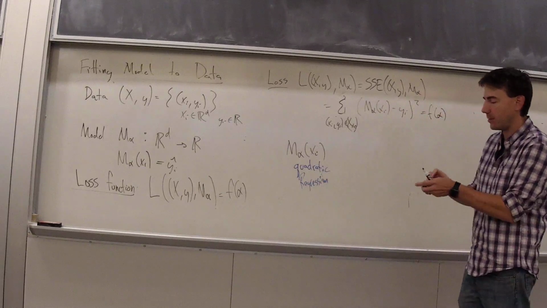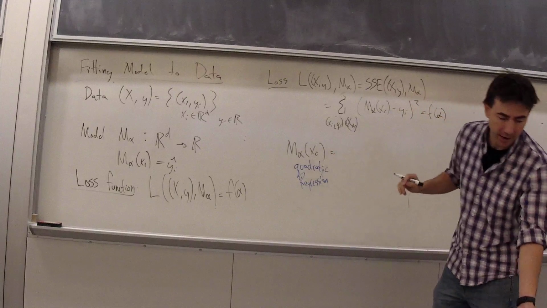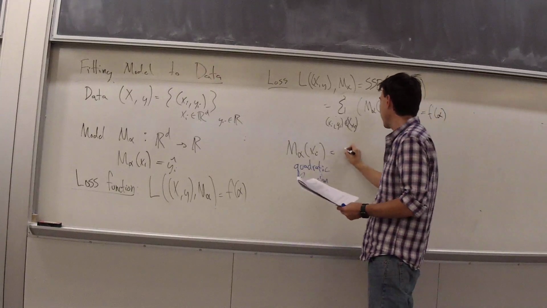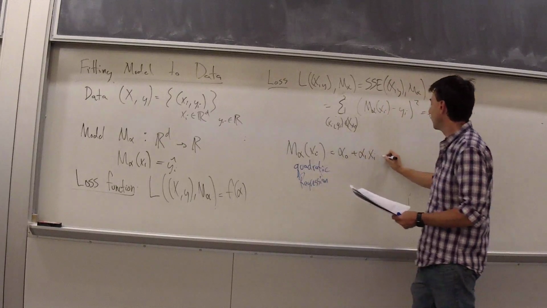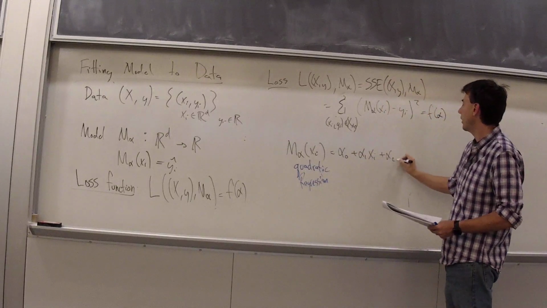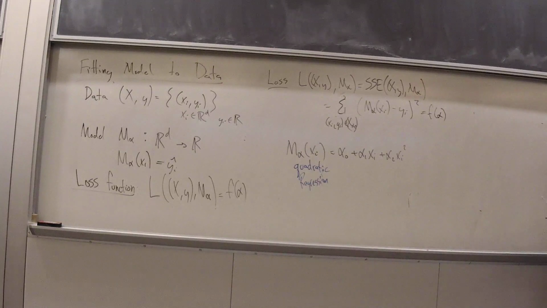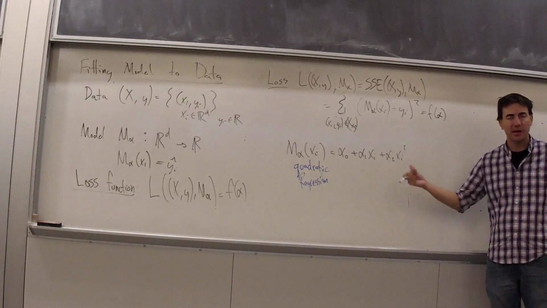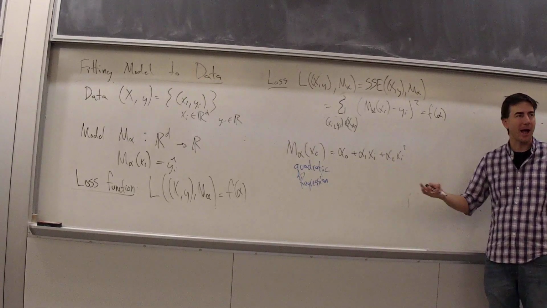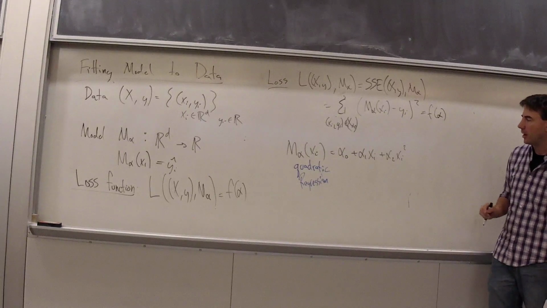Okay, and so that means that this model is going to look like alpha 0 plus alpha 1 xi plus alpha 2 xi squared. Okay, we'll use this model as an example. It's basically the simplest thing that captures all the complexity of what's going on here.